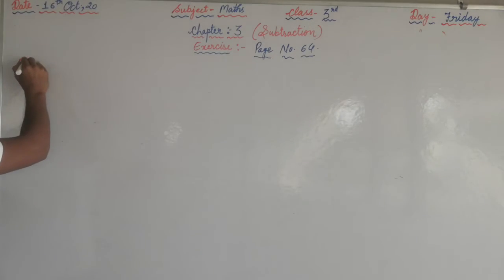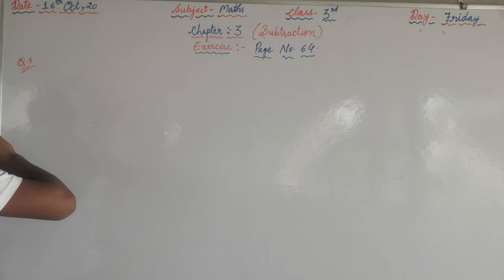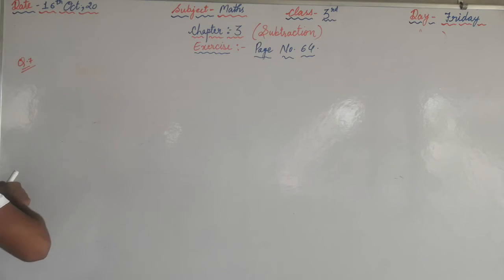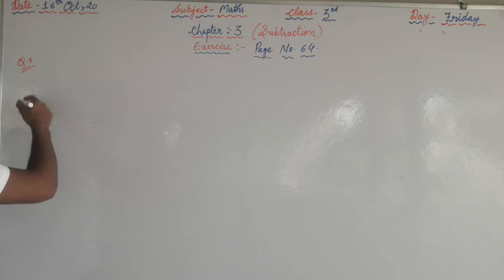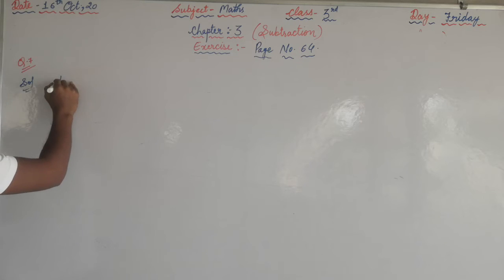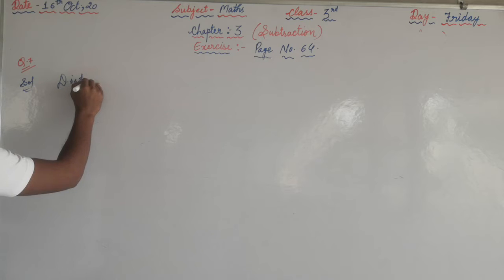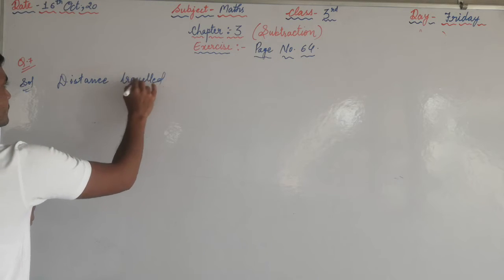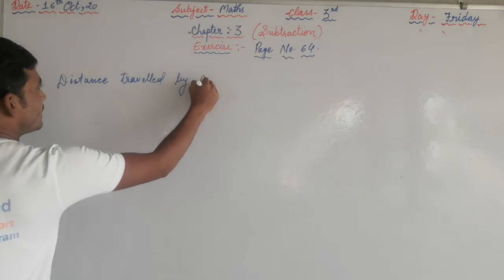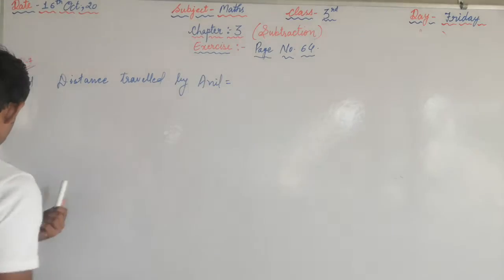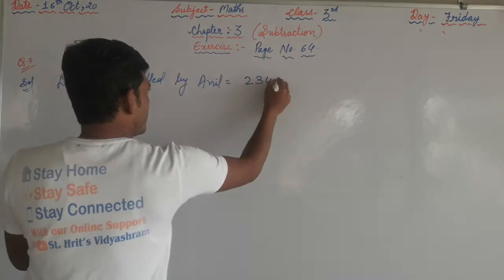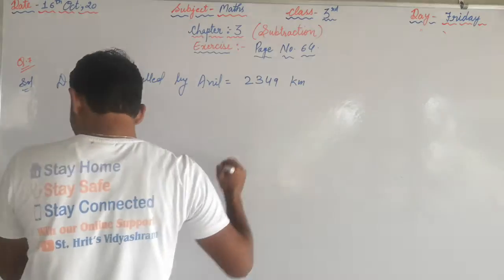Question number 7. Distance traveled by Anil, 2349 kilometer.